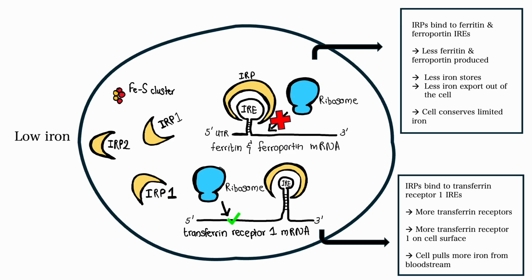When iron is scarce, which is when iron is low, the IRPs bind to the IRE's messenger RNAs. So this means that the iron regulatory proteins bind to the iron responsive elements on messenger RNAs, and this is to increase the iron uptake and decrease iron storage.